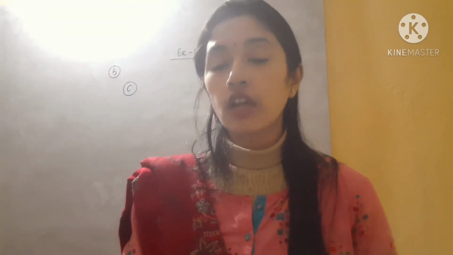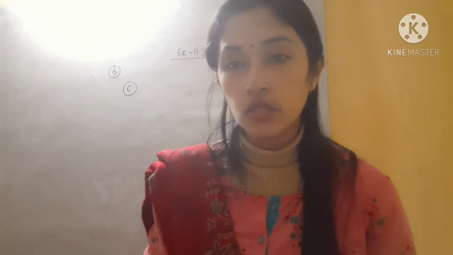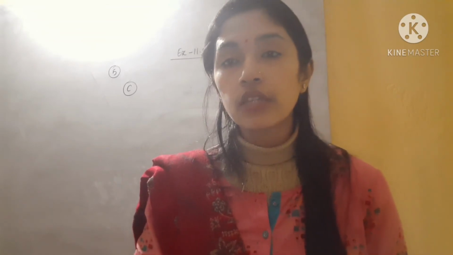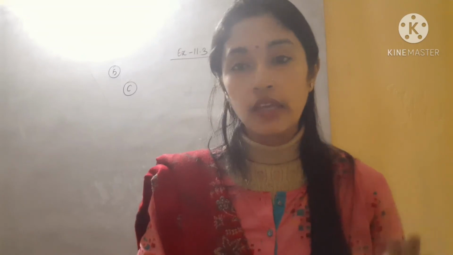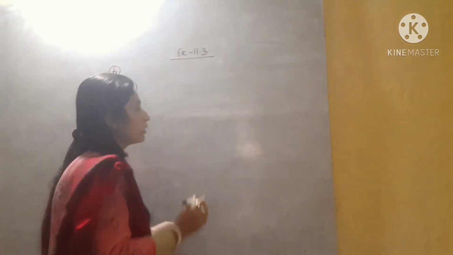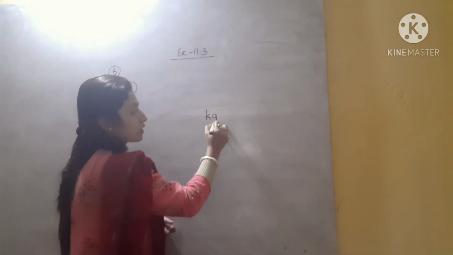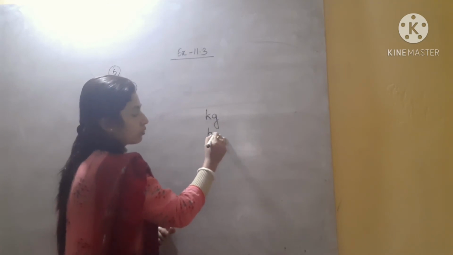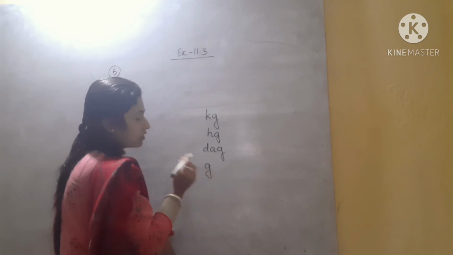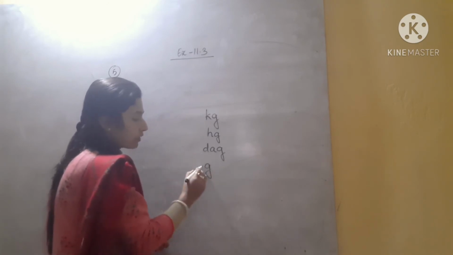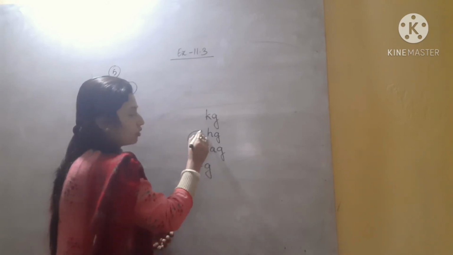That means we have to convert all the grams into kg. So we know how to convert gram into kg, simply by dividing by 1000. You can remember our chart, that is first one was kilogram, then second was hectogram, then decagram, then gram. That means for converting from gram to kg we have to go 3 steps.